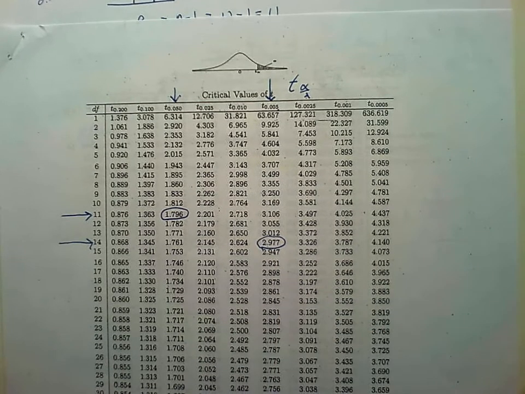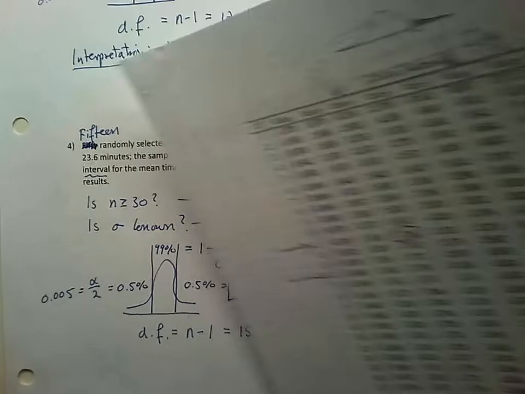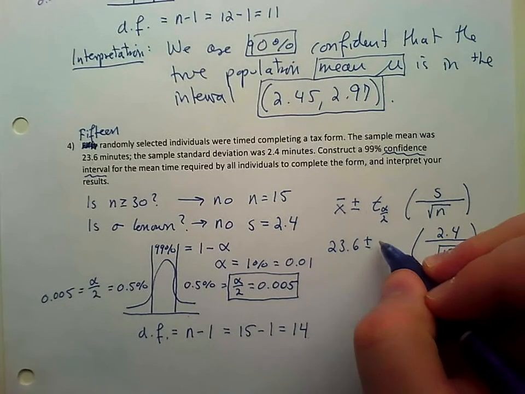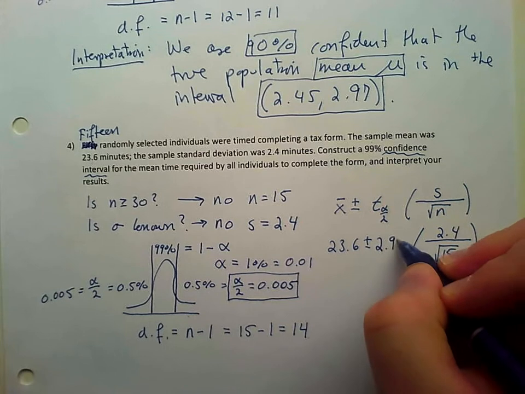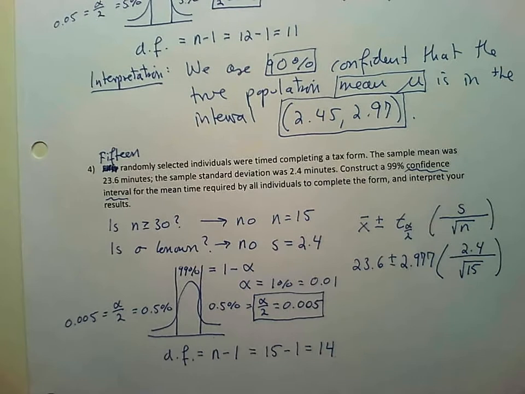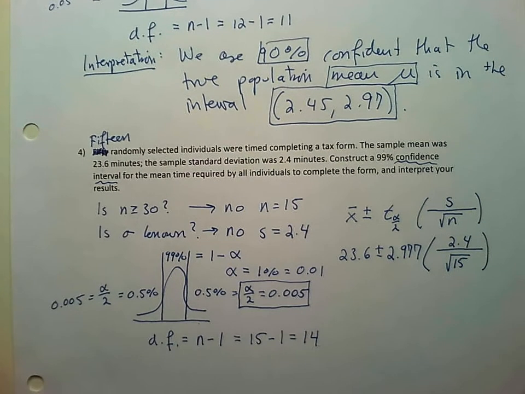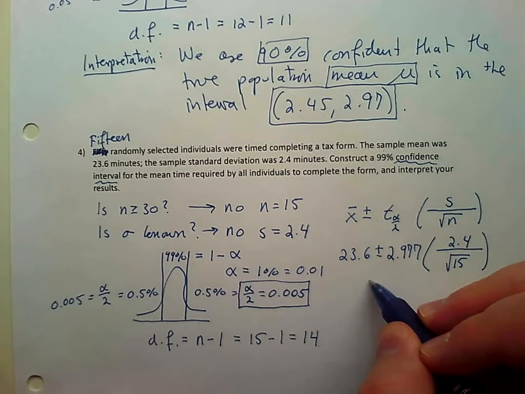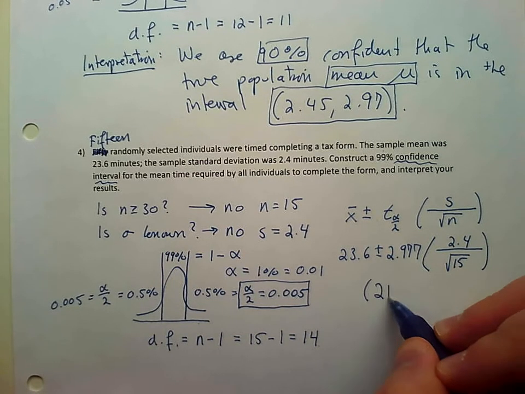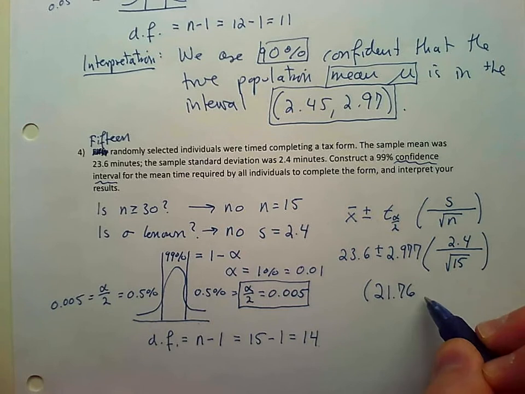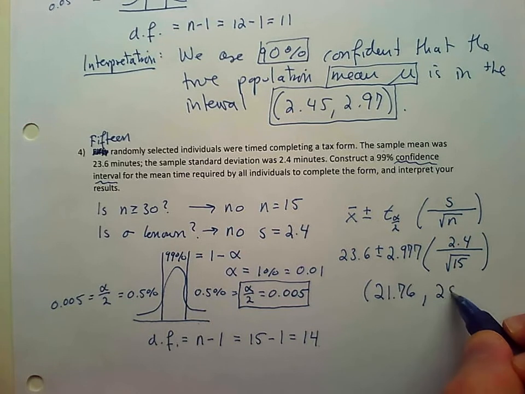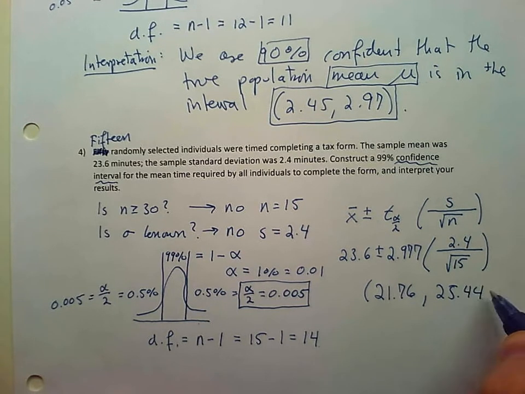So here's our T value of 2.977. Therefore we can plug that T value, 2.977, into this spot in the formula. If we do the arithmetic on this, this will come out to 21.76 and 25.44.